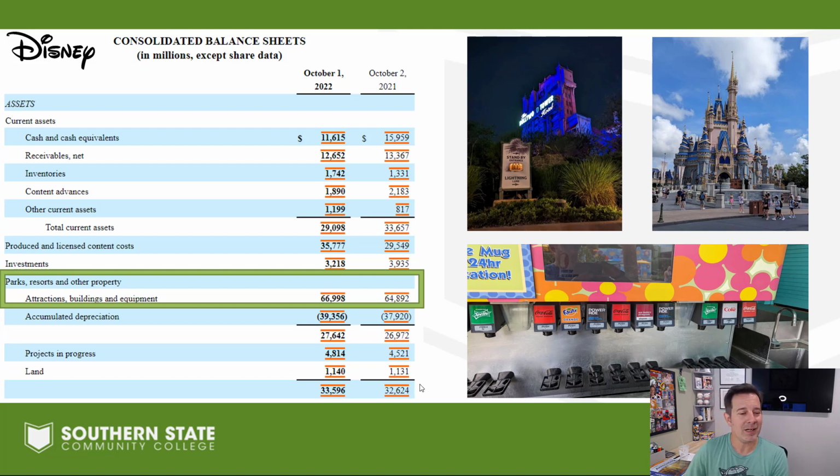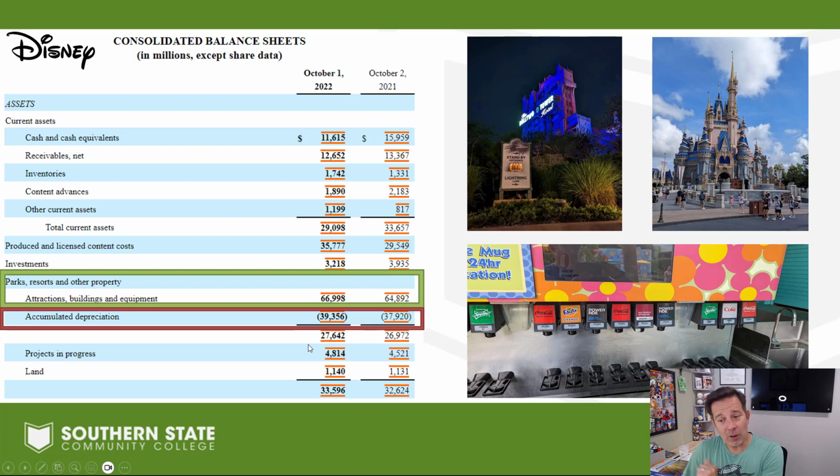They've also depreciated that property to the tune of nearly $40 billion. You can see right here it's showing up as a subtraction. So you take all the attractions, buildings, and equipment, you subtract out what they've depreciated, and they have a net amount of $27.6 billion. That's quite a bit of property, plant, and equipment there, right?